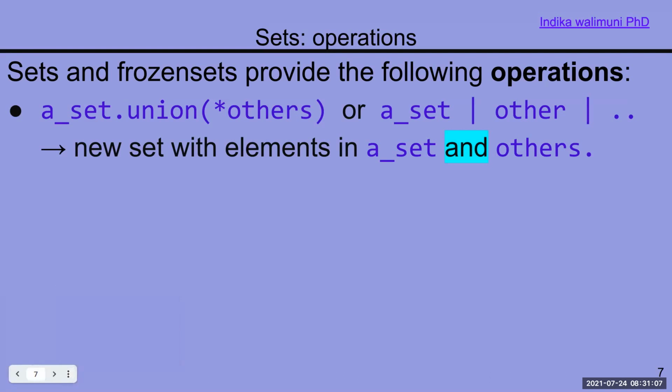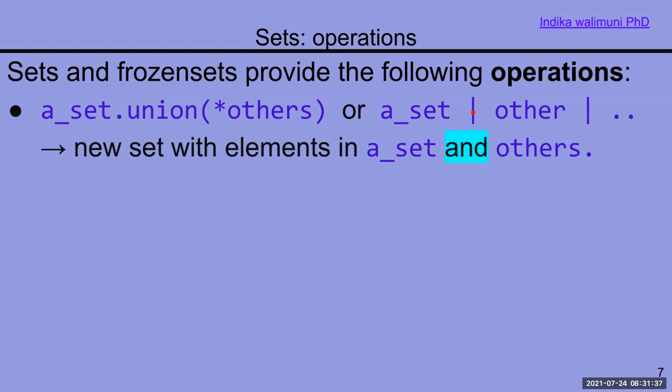The star here means you can pass any amount of other sets as you want to get the union. So this star means the parameter can be any number of sets. And here you can use the operator version, that is basically the vertical sign.